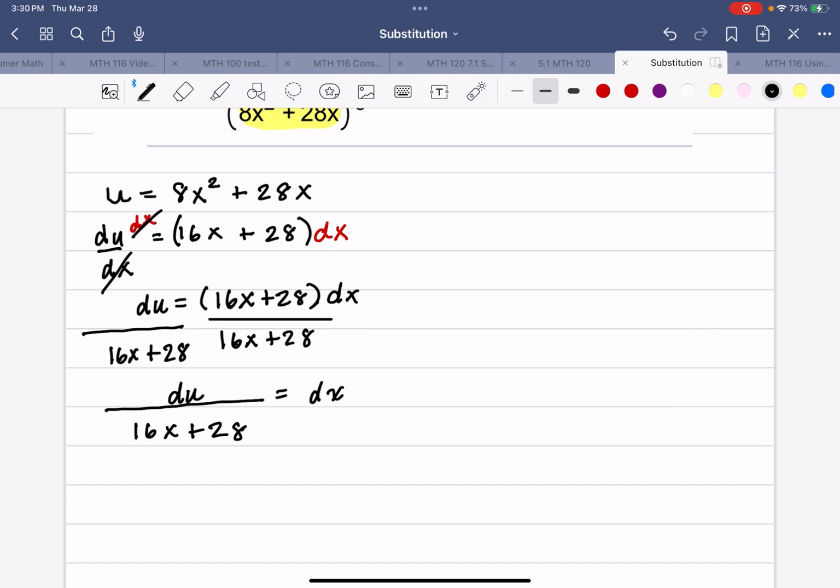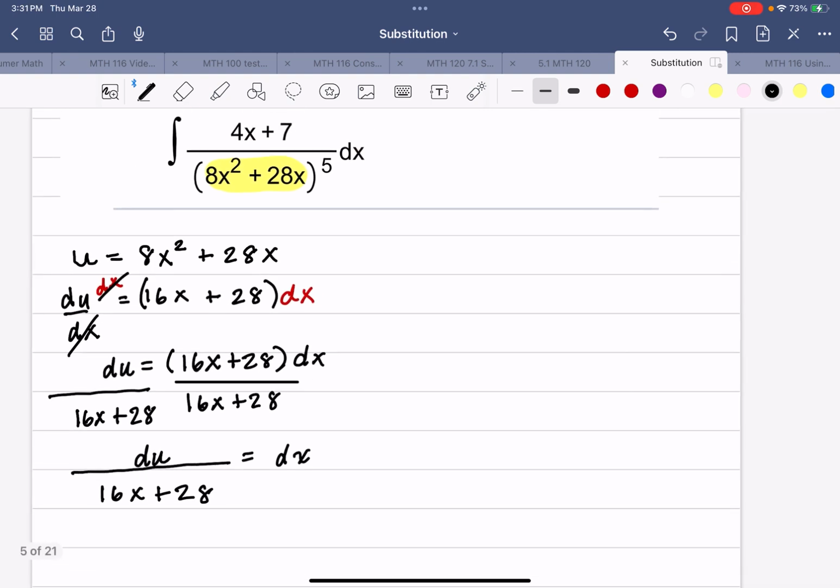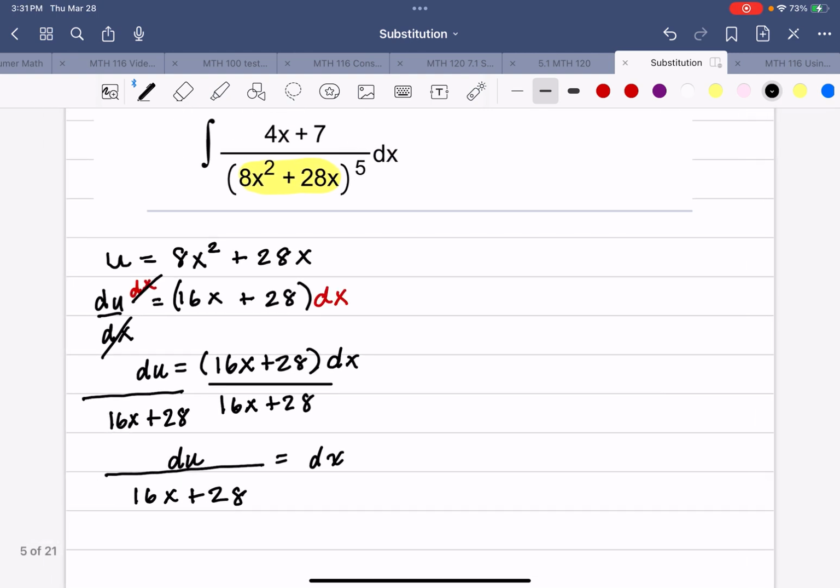So this is the expression that I can put in for dx. Now don't be alarmed that it has an x in it. This substitution has to remove all of the x's, but sometimes we have to do some simplifying to get that to happen.